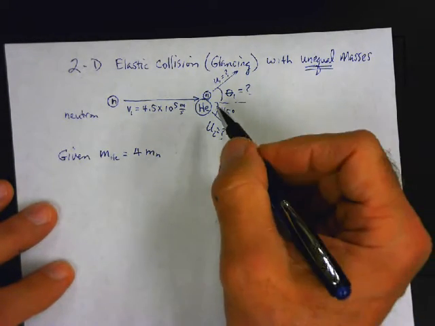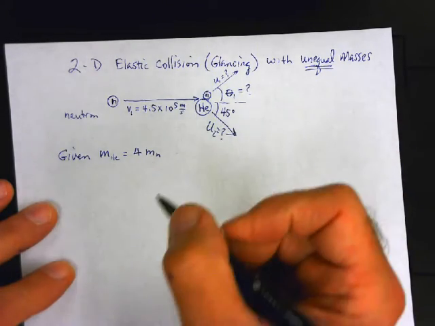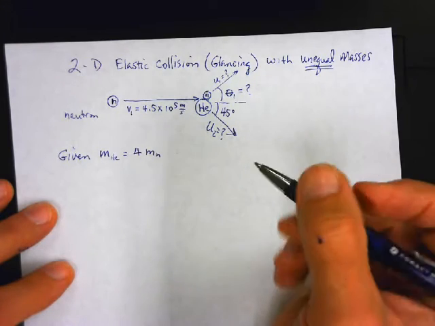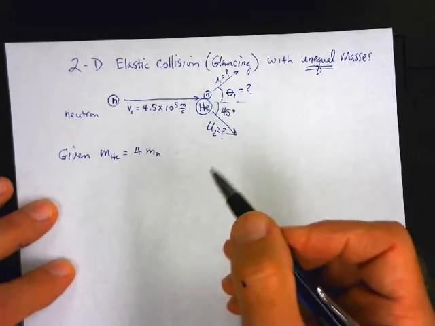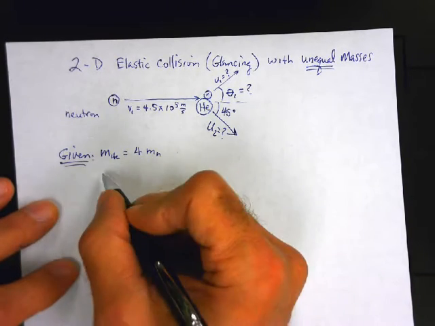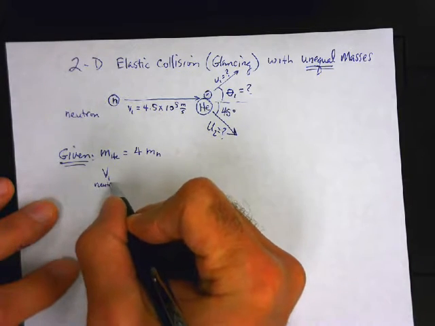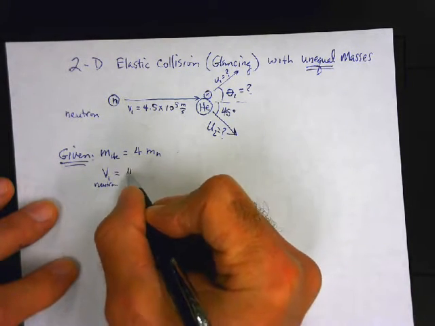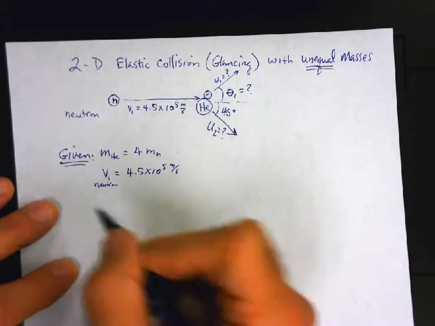Okay, so we can just use 4 for the mass of helium and the number 1 for the mass of the neutron from now on. So that's one thing that's given. We also know that the velocity of the neutron, we'll call that v1, before collision, is equal to 4.5 times 10 to the 5th meters per second.